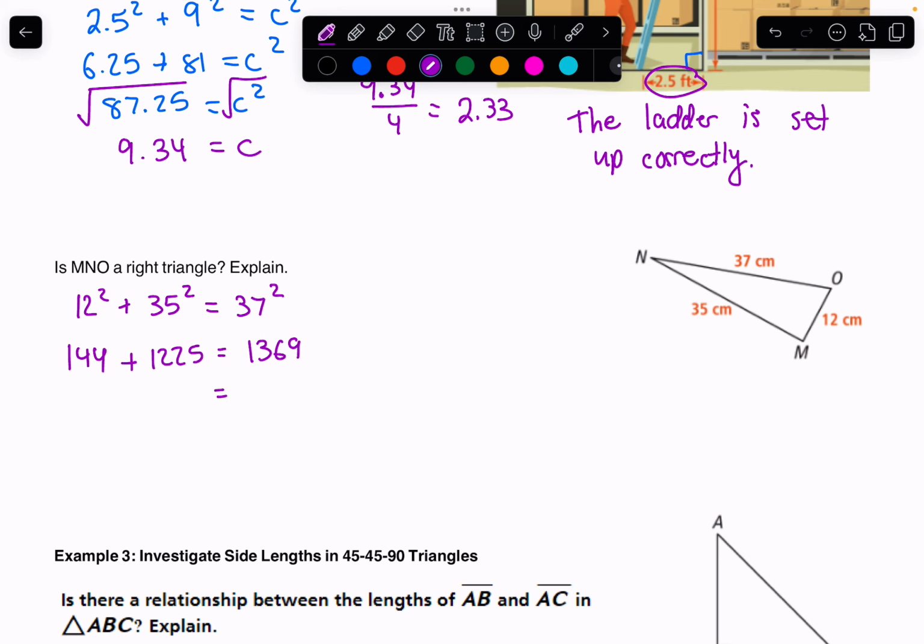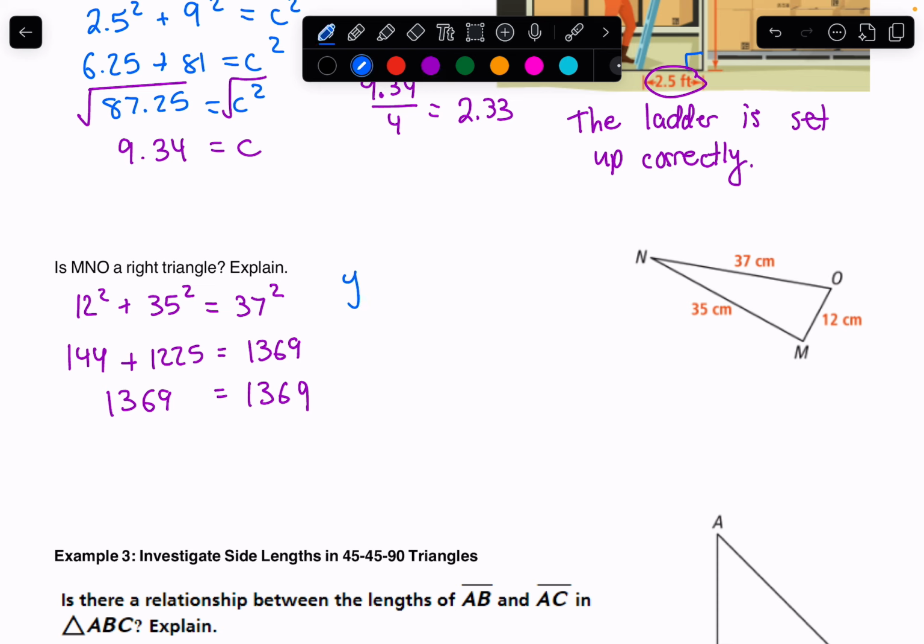On the left, when we add up 144 and 1,225, we get 1,369. So we can find out that yes, indeed, a squared plus b squared does equal c squared, which means this must be a right triangle by the converse of the Pythagorean theorem.